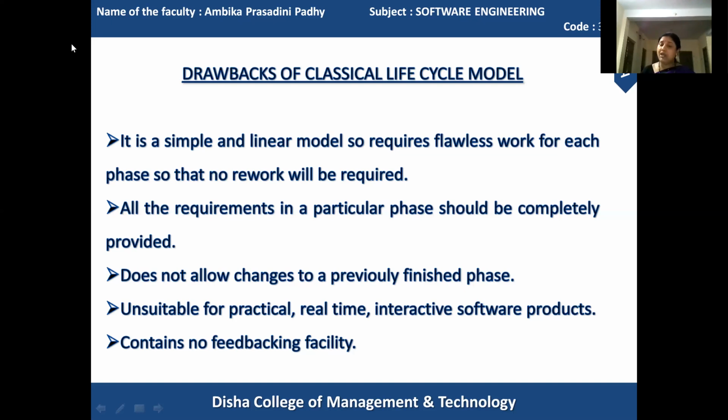If a particular phase is being operated, it must be considered fully so that the work is proper, because afterwards, if somebody gives feedback that modifications are required, it cannot be supported. This may lead to many drawbacks. We found that the classical lifecycle model is simple to implement, simple to use and easy to understand, with sequential procedural steps available, so we are happy.